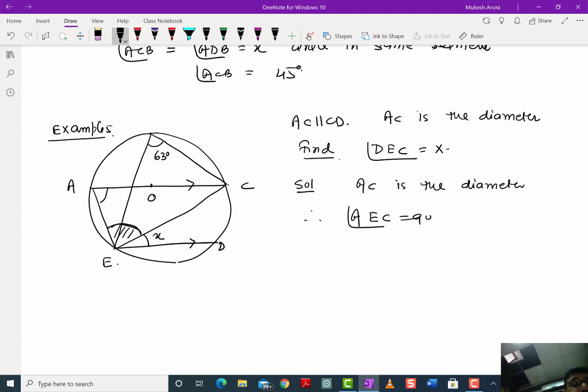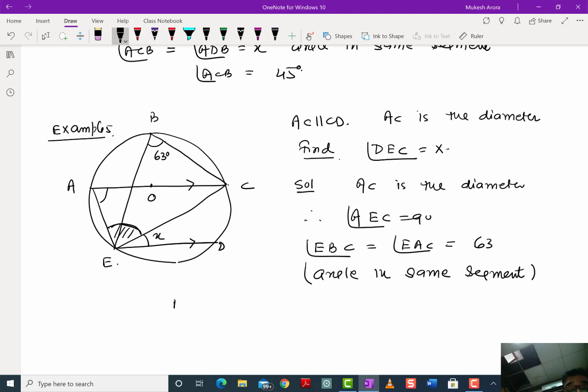This is B. Angle EBC is equal to angle EAC is equal to 63, angle in same segment.